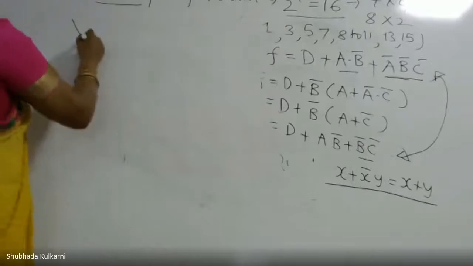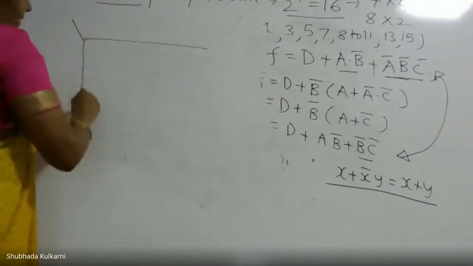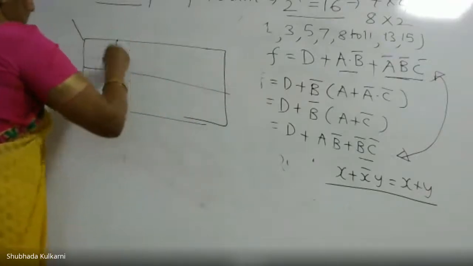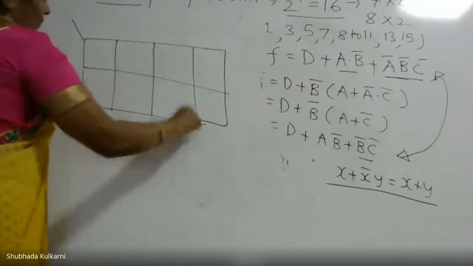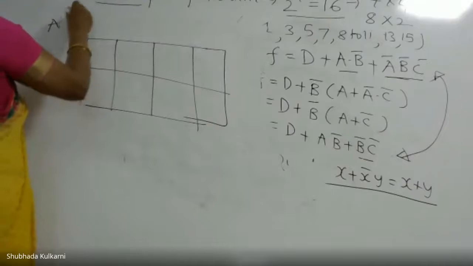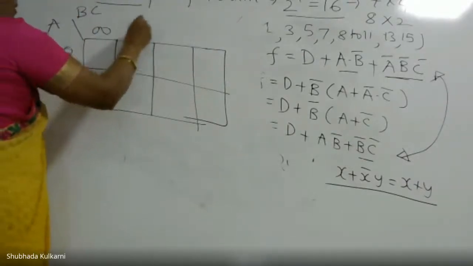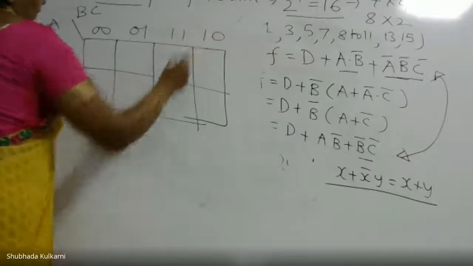Consider a 3 variable K-map. Let us say this is A, B, C, with A as 0, 1 and this as 00, 01, 11, 10.